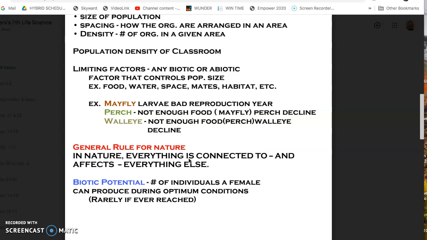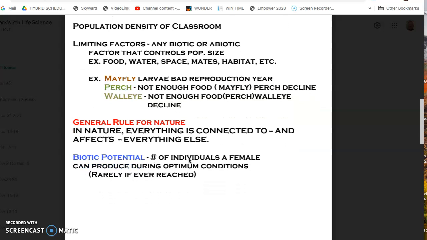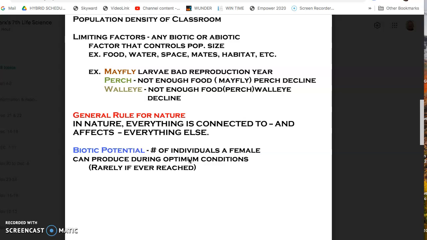Biotic potential is the number of individuals that a female can produce during optimum conditions, rarely if ever achieved. So if we were going to talk about the biotic potential of a white-tailed deer, in its very first year of existence, a female will reproduce and produce one offspring.